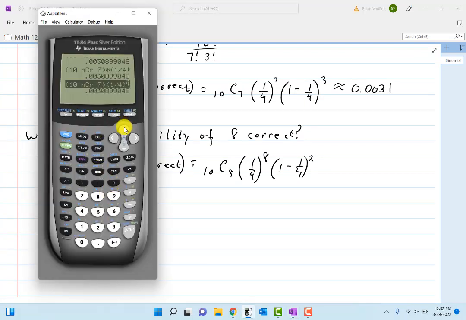So I'll go up and grab the previous one and edit it. So I want a 2 up there. And I want an 8 up there. What else do we need? 10C8. Enter. This will be 0.00039.